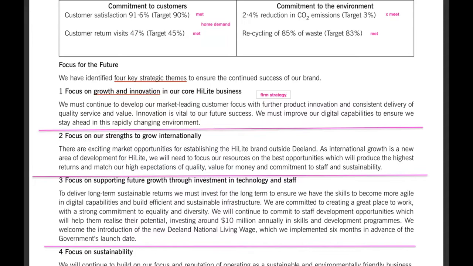What else can we write on this firm strategy?